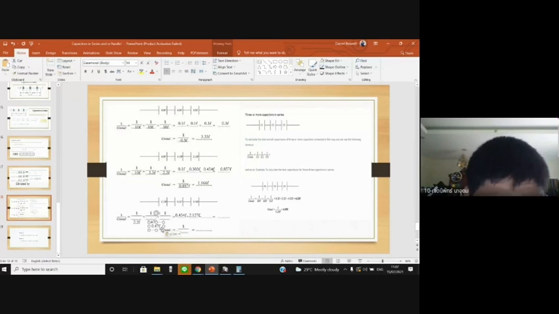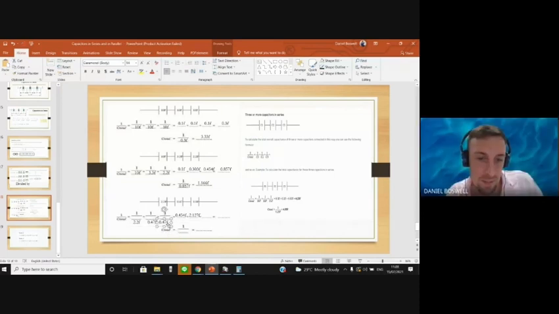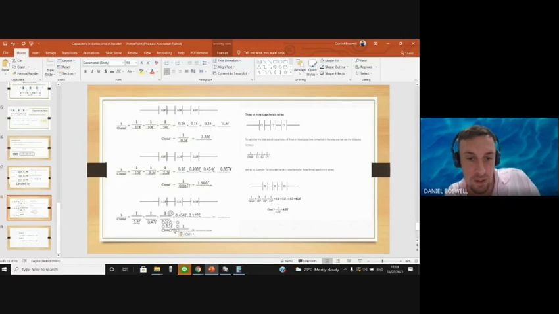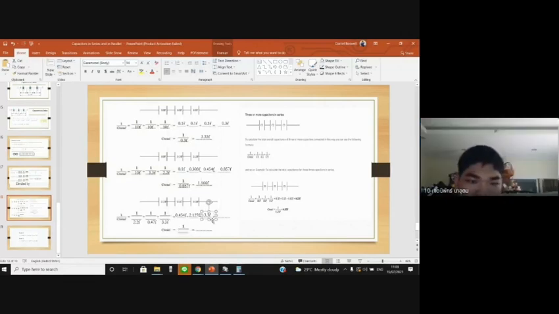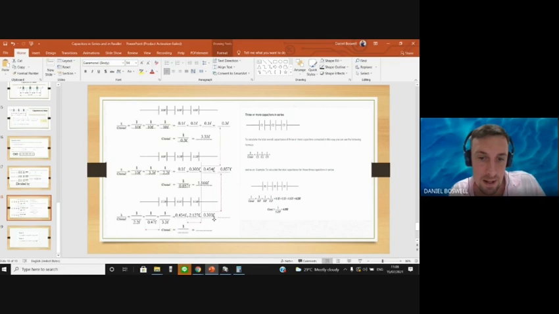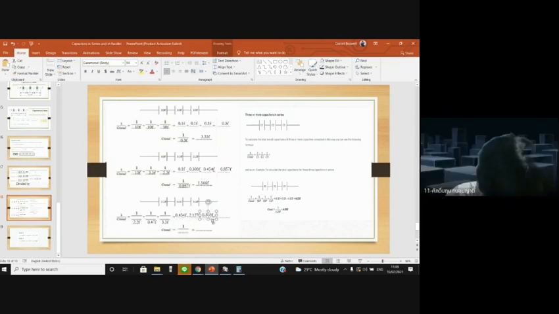Now we've got 1 divided by 3.3, and the answer is 0.303 farad.